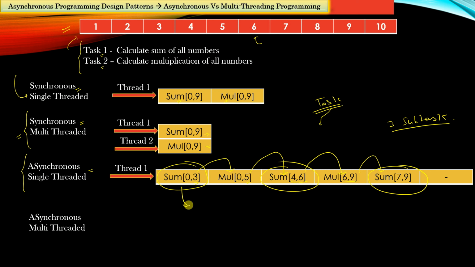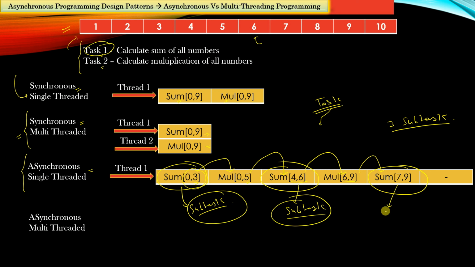Here this is the subtask of computing the sum of integers of the array from index location 0 to 3. And this is another subtask. So the task of computing the sum of all integers of the array has been divided into 3 subtasks. And the same is true for multiplication as well.